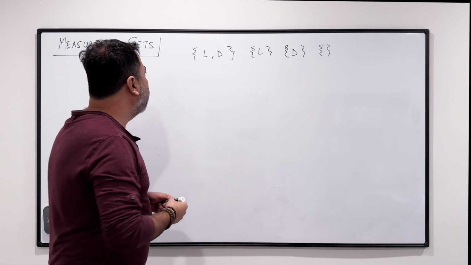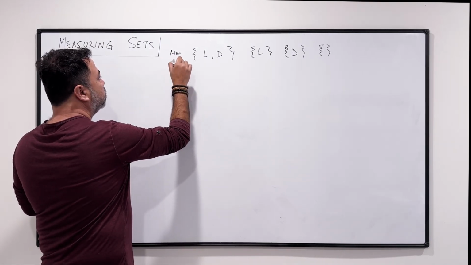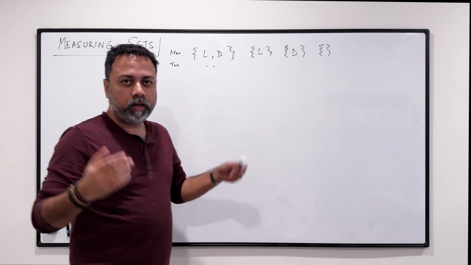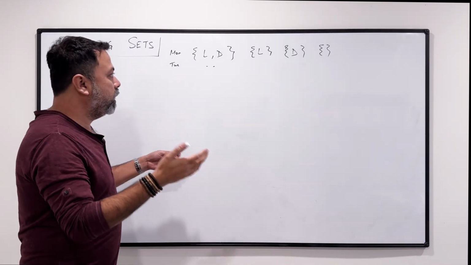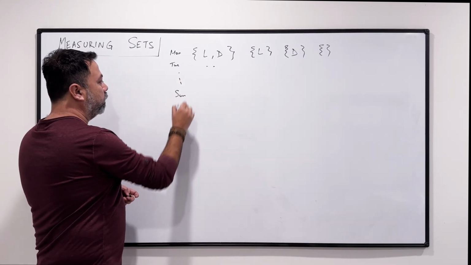And this is what happened on Monday, and for Tuesday there is another entry on what kind of set of shifts you did, and so on and so forth until Sunday.